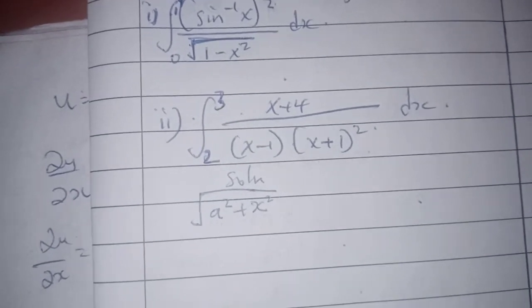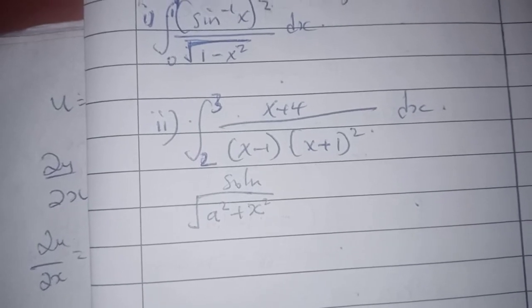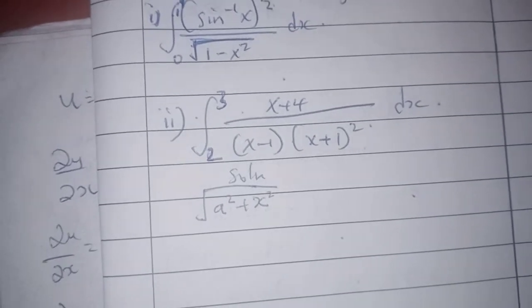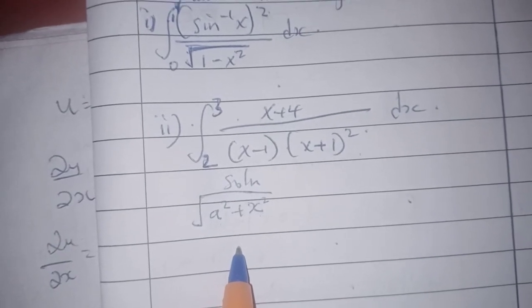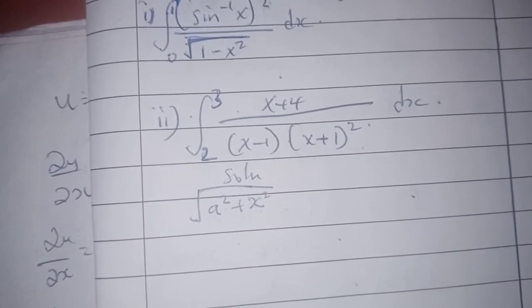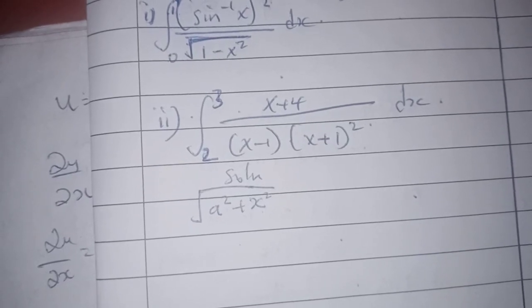So when it is a squared plus x squared, it is advisable to apply trigonometric substitution. Which trigonometric substitution are we supposed to use when we find such a scenario?